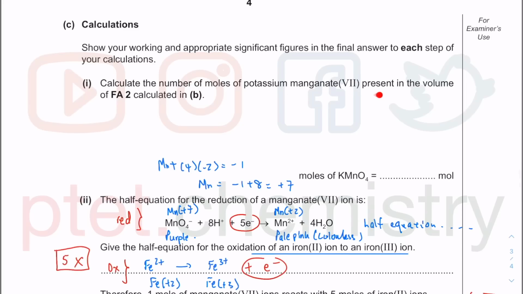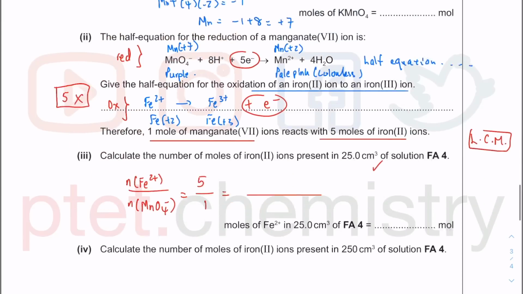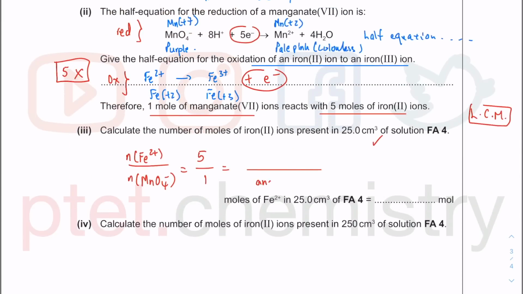Calculate the mole of KMnO4 in the titration. So the answer in part 1 is here, and you would just key in the answer which you have, and you want the actual mole of Fe2+ which you want to find. Of course, then move the denominator to the top. Do not change this side. That will just be 5 times your answer in 1, because 5 divided by 1 equals 5 itself.